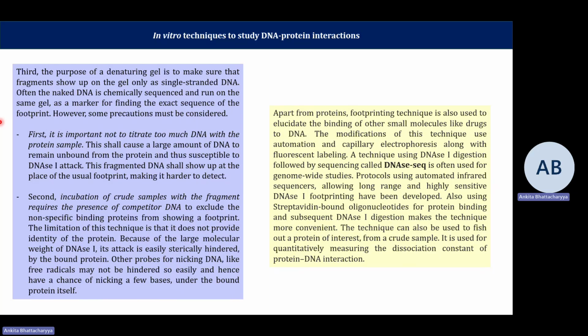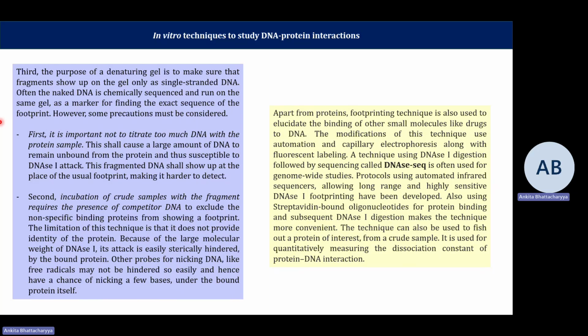Second, the incubation of crude samples with the fragment requires the presence of competitor DNA. Why do you need competitor DNA? Because that will help in exclusion of any non-specific binding proteins from coming up as a footprint. The limitation, however, of this technique is that it does not provide the identity of the protein. It only tells you that an interaction exists and is necessary.